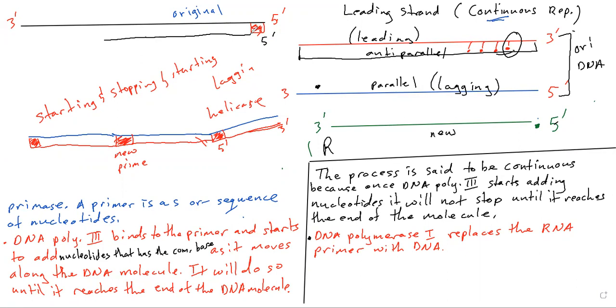So if we take it as is, when the new DNA is made, the strands will be parallel to each other, all right? And that cannot work. It has to be anti-parallel. Because we need it to be anti-parallel, what has to happen is that you put the primer further down on the DNA.